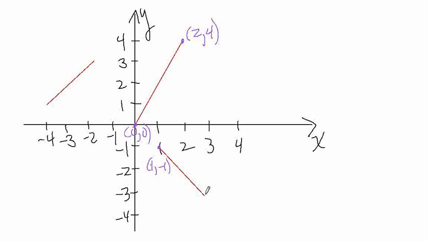And then the other one has coordinates 3 and -3. And then this one has coordinates -4 and 1, and -2 and 3.